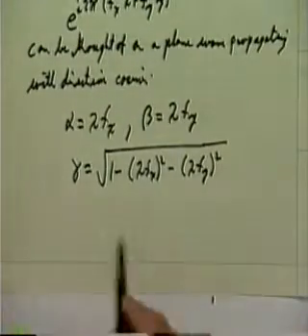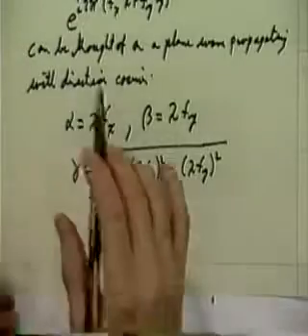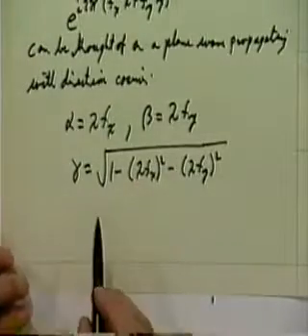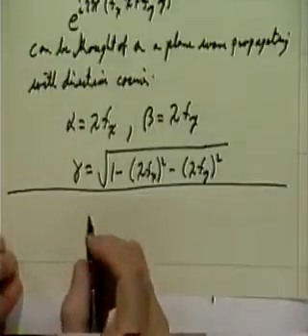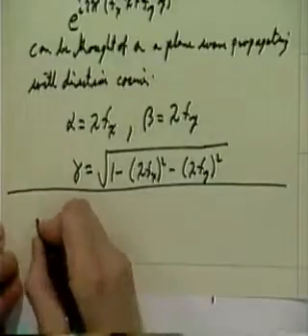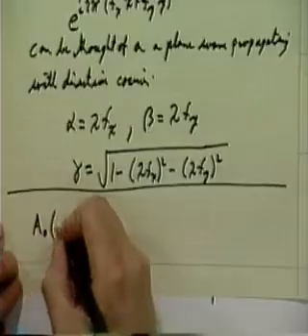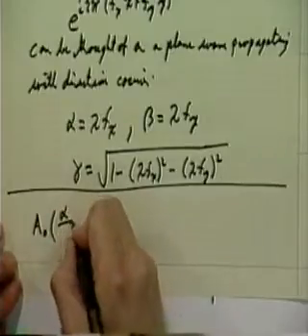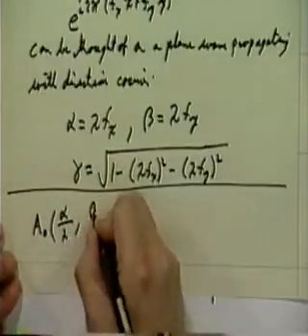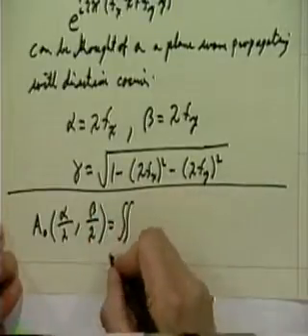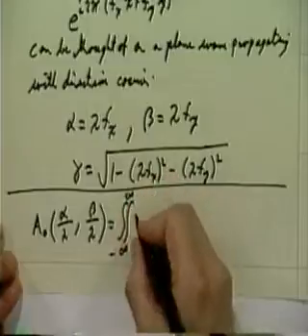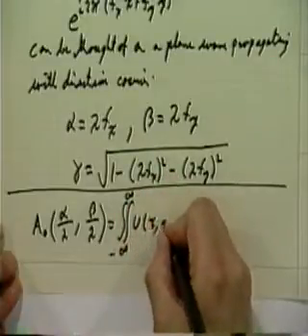We'll very soon get to where we'll make good use of these. So what we could write here is called A naught of alpha over lambda, beta over lambda, is equal to the integral of u of x, y.